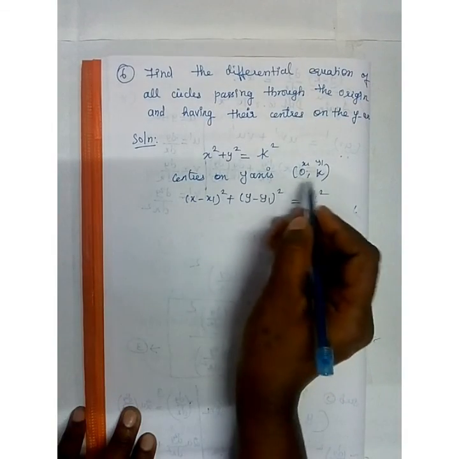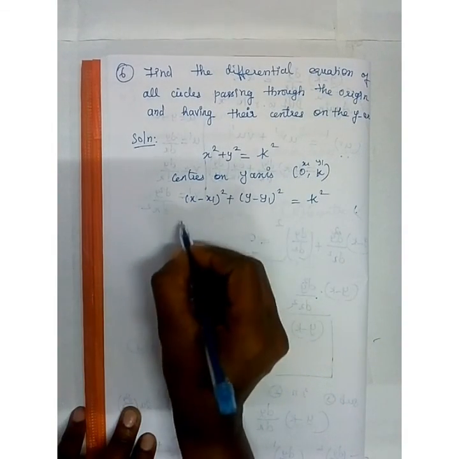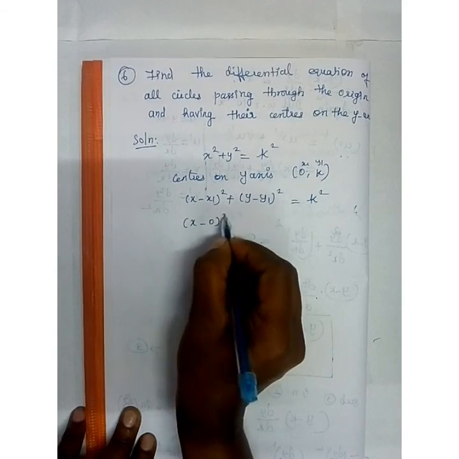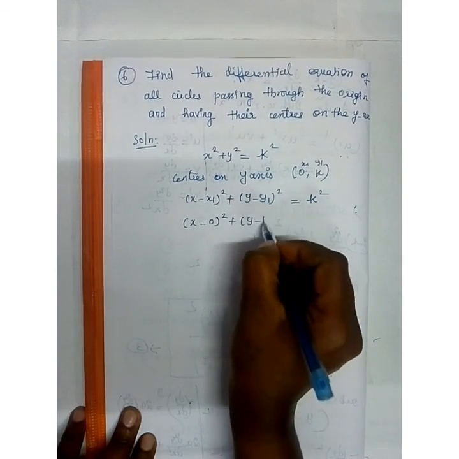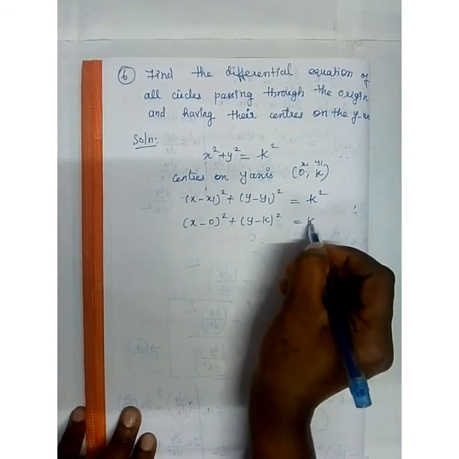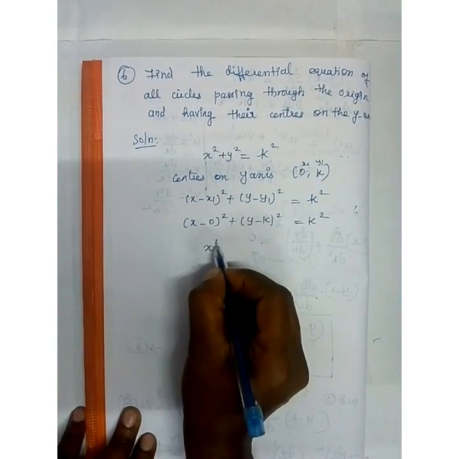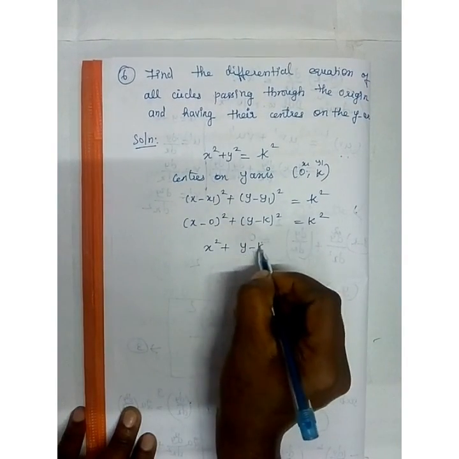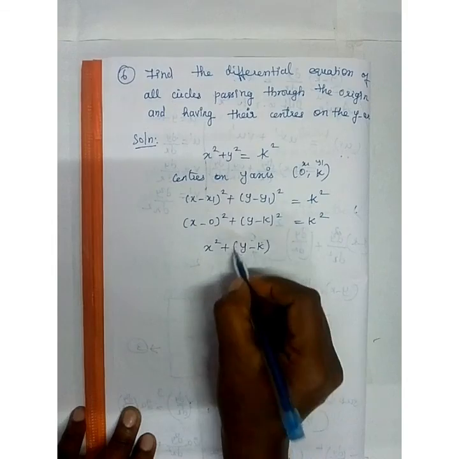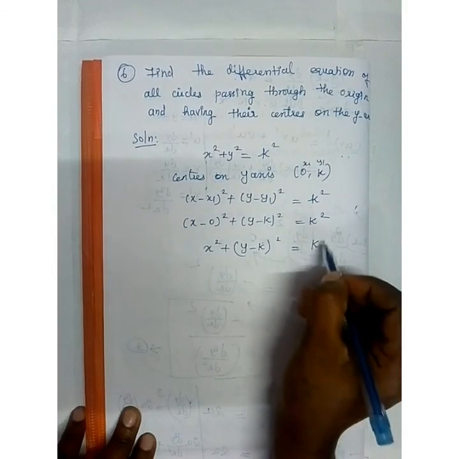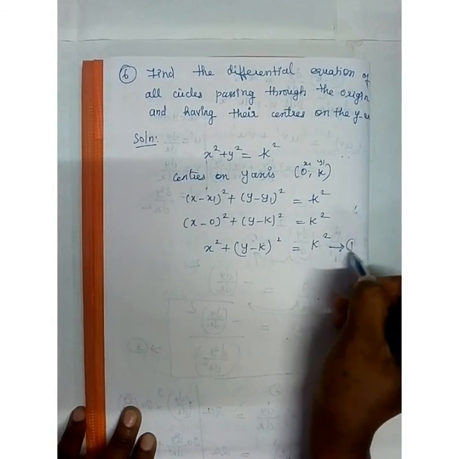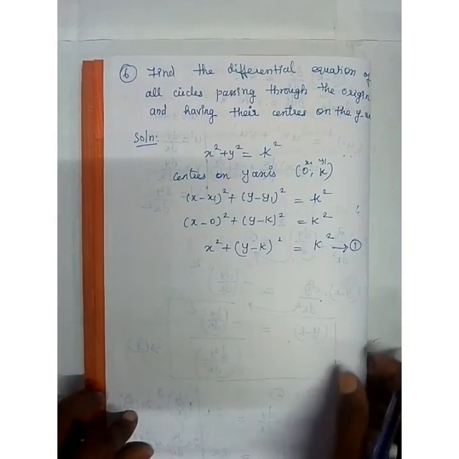Now I am going to substitute the x1, y1 values in this equation. So x minus 0 whole square plus y minus k the whole square is equal to k square. It is nothing but x square plus y minus k the whole square, which is equal to again k square. Keep it as equation number 1.